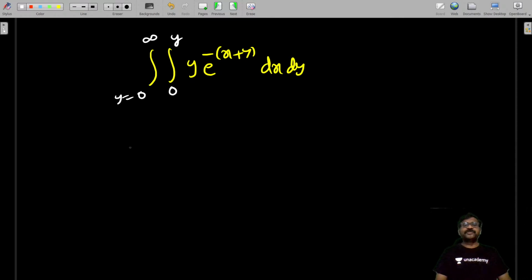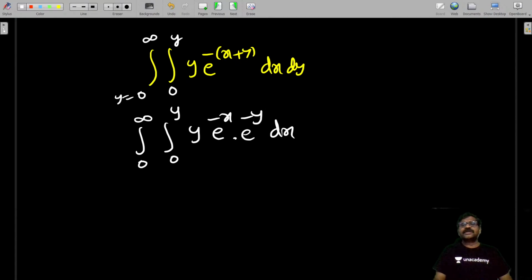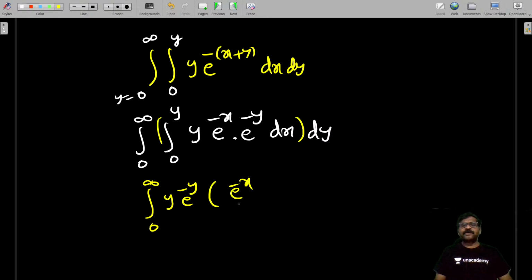First we have to integrate with respect to x, 0 to infinite, 0 to y, y into e power minus x into e power minus y dx dy. Now we are going to integrate with respect to x. Integral e power minus x is e power minus x by minus 1 from 0 to y dy.